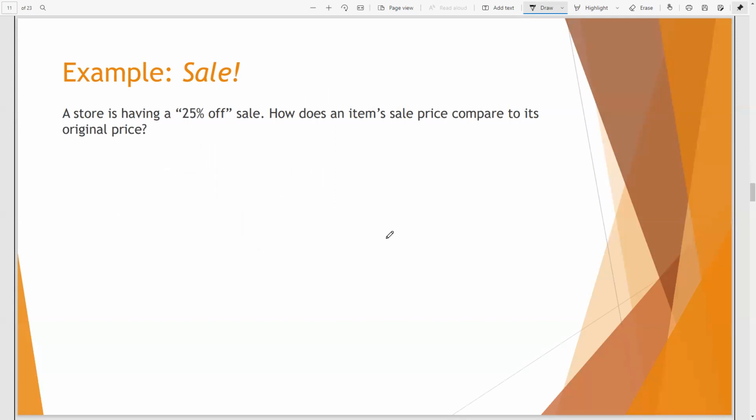Okay, and the sale, right? A store is having a 25% off sale on everything.